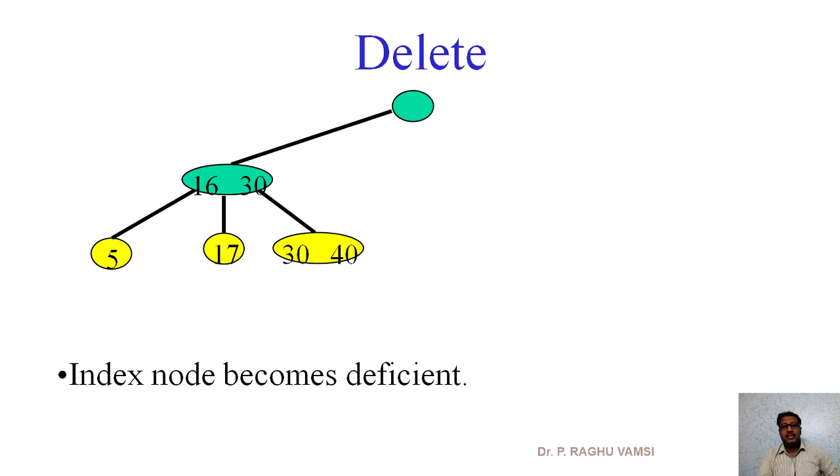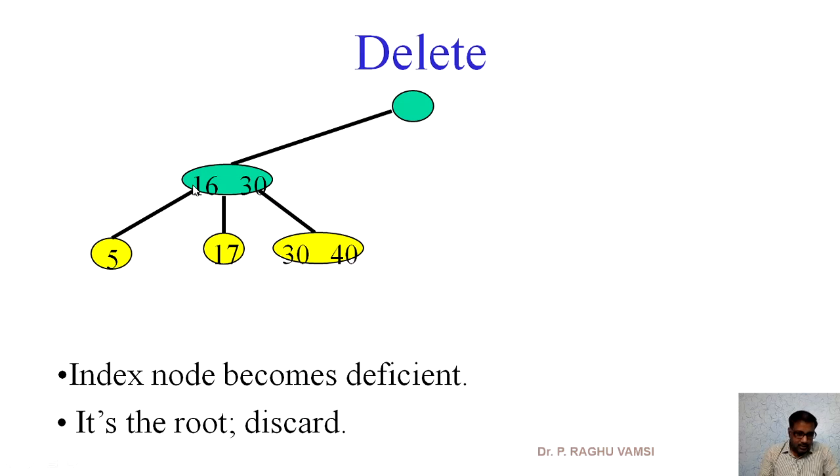The index node becomes deficient. So whenever the root node has no element or no key, then this particular left child will become the parent, or we can say this left child will become the root node. So it will become 16, 30, 5, 17, 30, 40 after the adjustment.